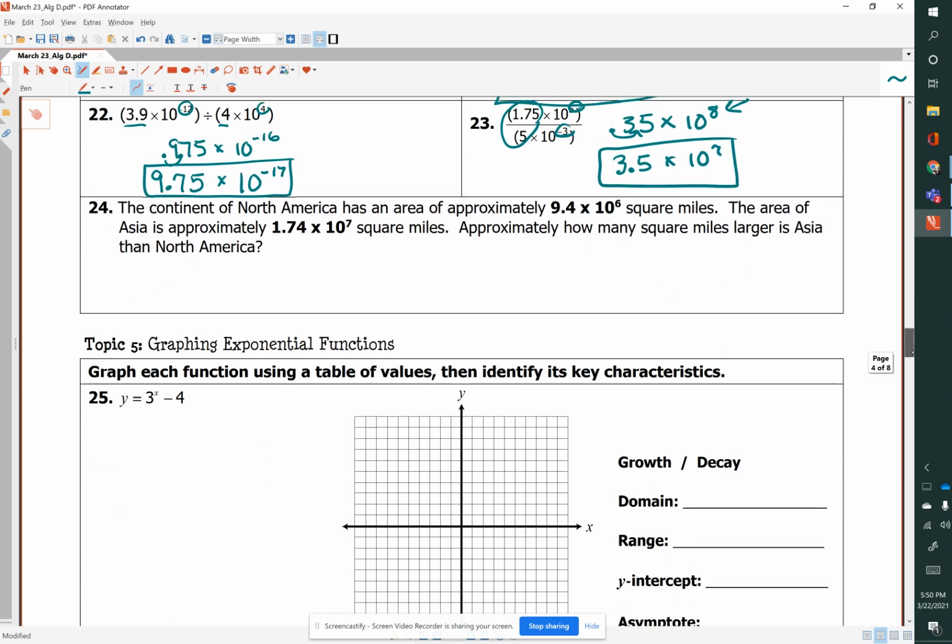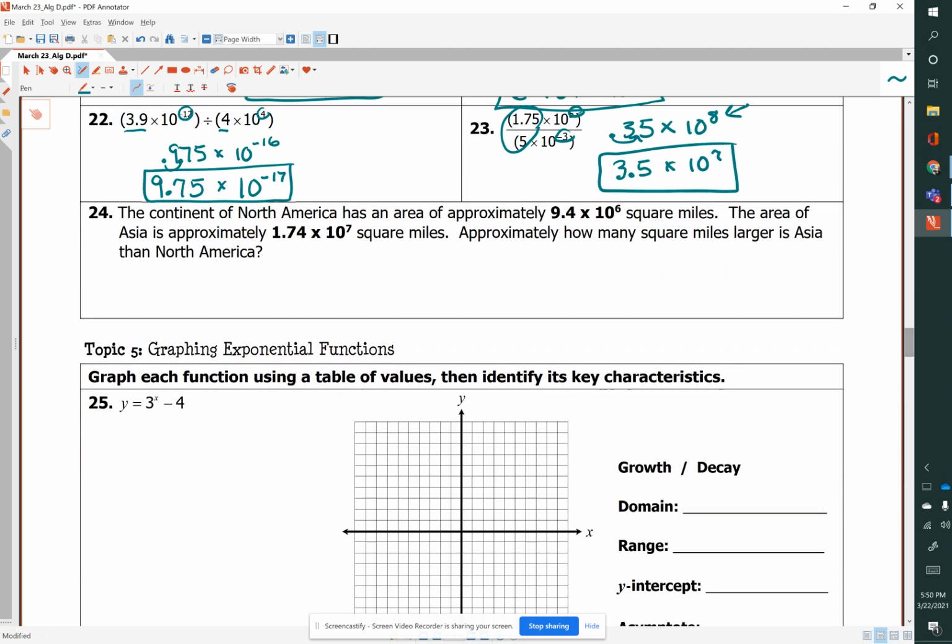Now let's move on. We have an application. The continent of North America has an area of approximately 9.4 times 10 to the 6 miles. The area of Asia is approximately 1.74 times 10 to the 7th miles. Approximately how many square miles larger is Asia than North America? So if Asia is larger, we're going to subtract North America from Asia. So that would be 1.74 times 10 to the 7th.